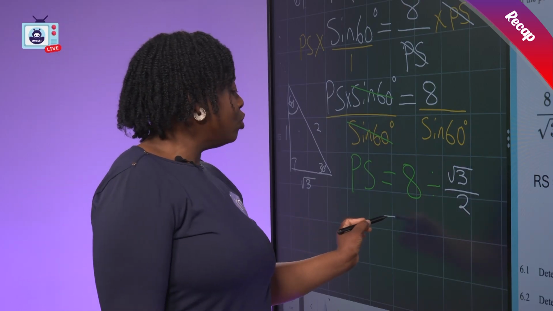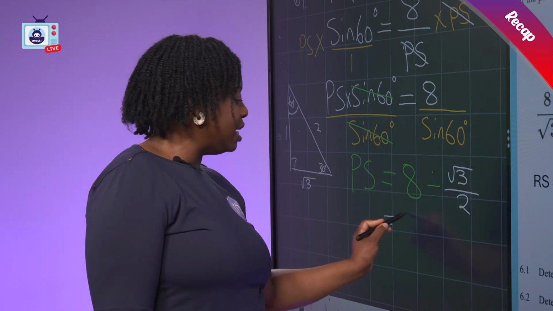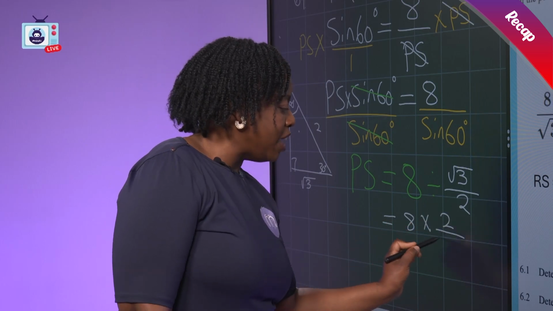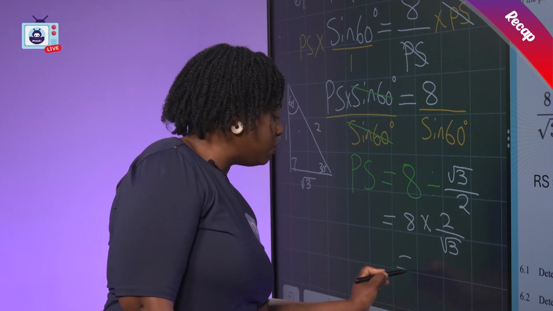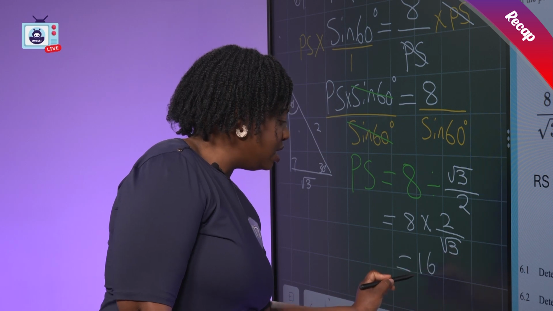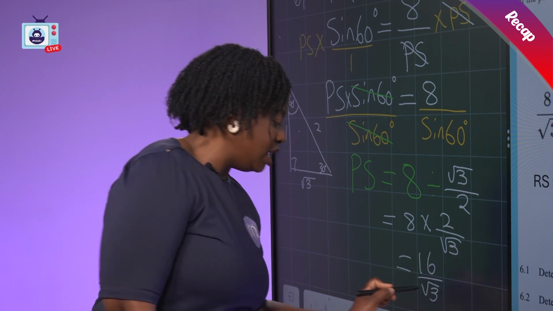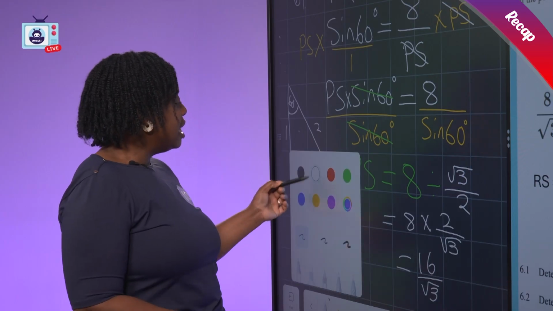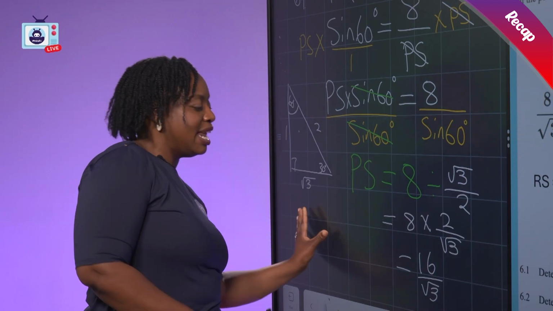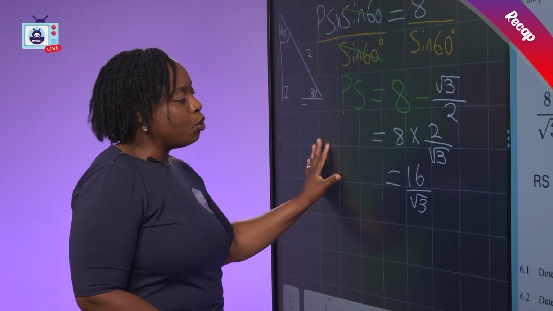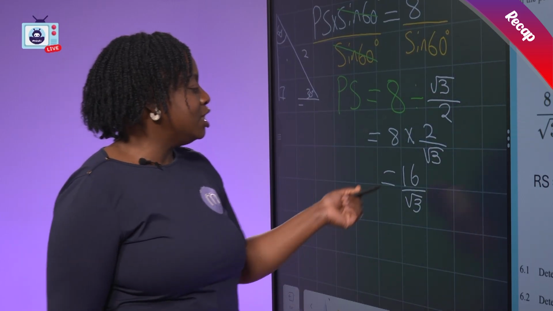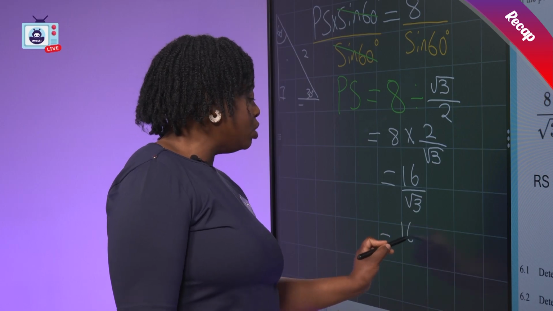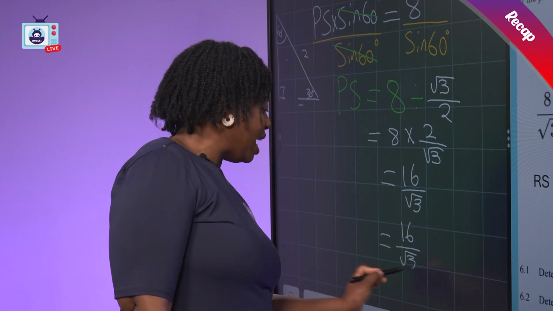So if I have to divide this, remember I must flip and multiply. So that's 8 multiplied by 2 divided by root 3, which gives me 16 divided by root 3. If I don't want the root 3 on the denominator, I can rationalize it. I multiply both the denominator and the numerator by root 3 divided by root 3, which is literally multiplying by 1.